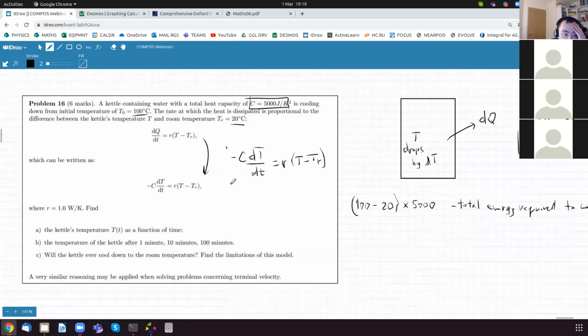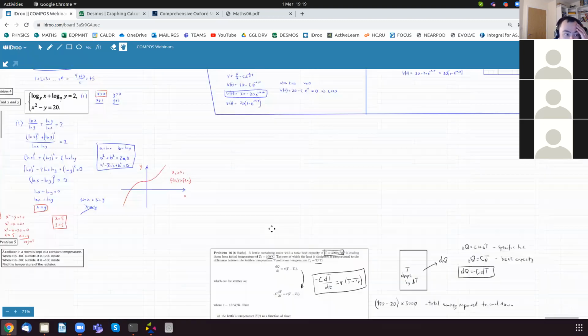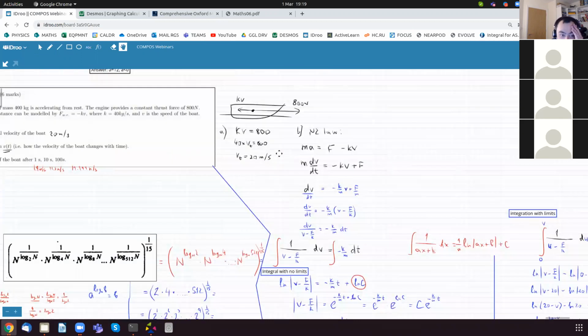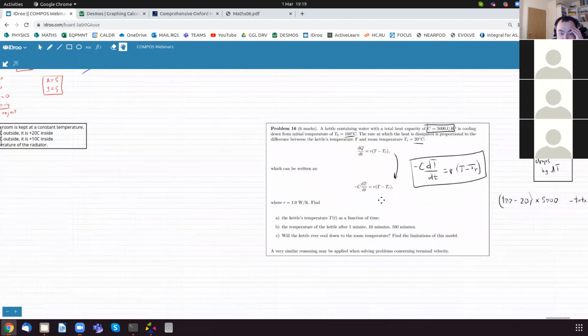And then from here, it's absolutely the same thing as what I did with the boat. You already have the equation, so all you need is to integrate it and put the proper limits.